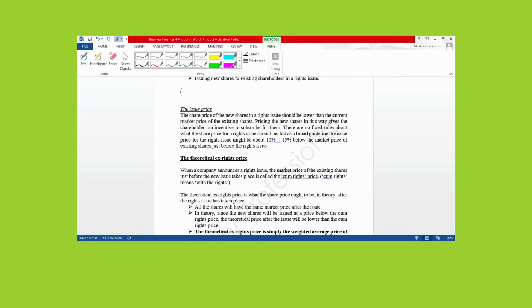That price is called the theoretical strike price: the expected share price after we have completed our rights issue.